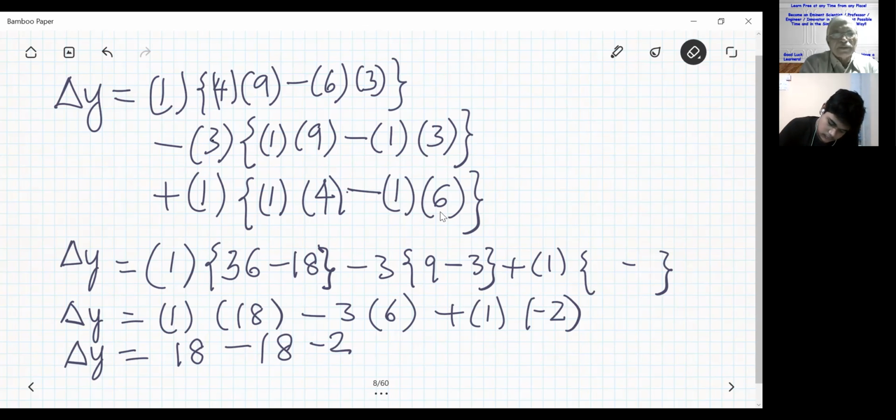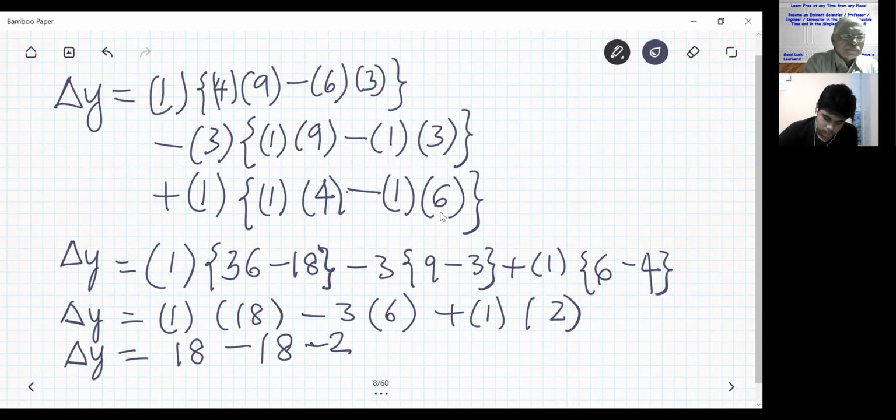So it will be 6 minus 4. It will be plus 2, sir. That's all. So we will get answer is 2. Delta y is equal to 2.